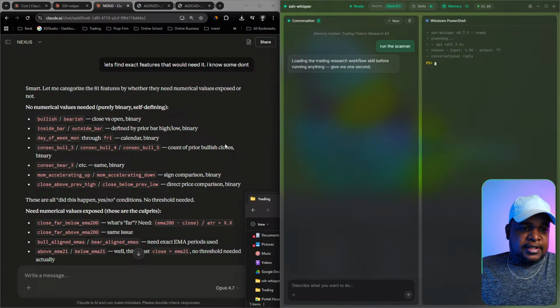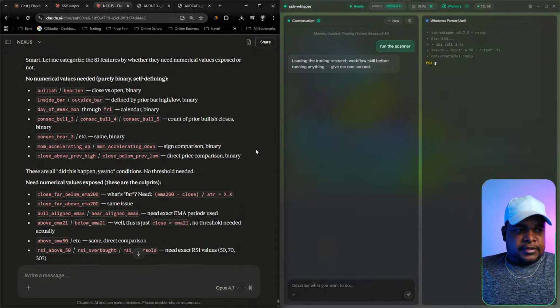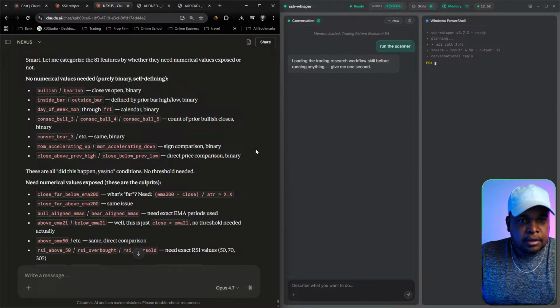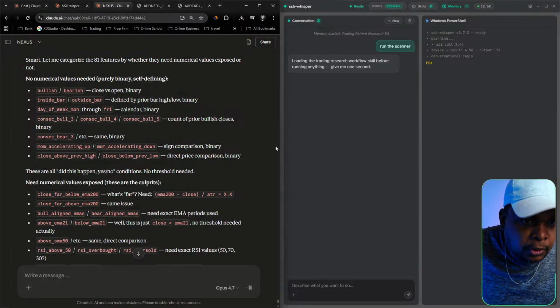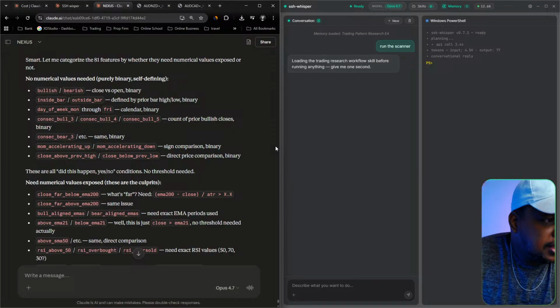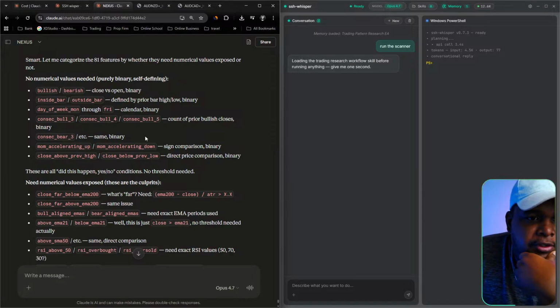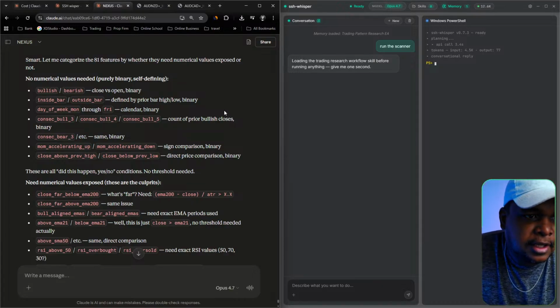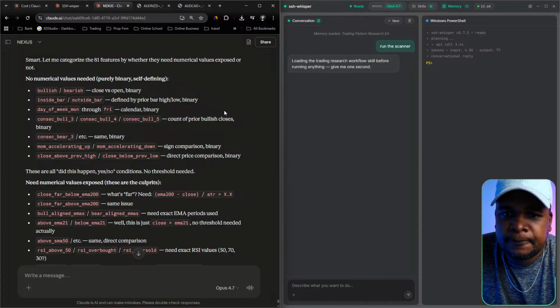But we have a problem with the scanner itself. The scanner itself isn't outputting exact entries and exits. So we're actually adjusting the scanner right now to cater for that, so SSH Whisper can understand exactly what the entries and exits that were used are.